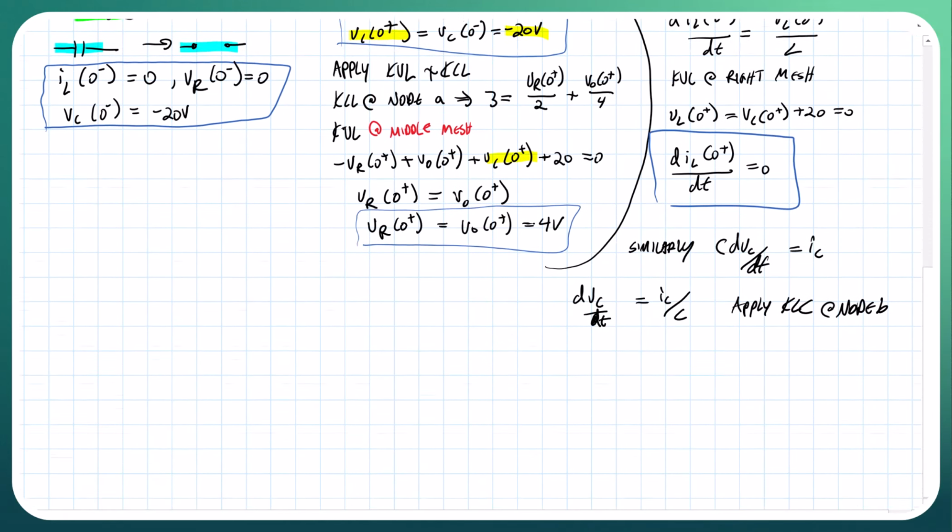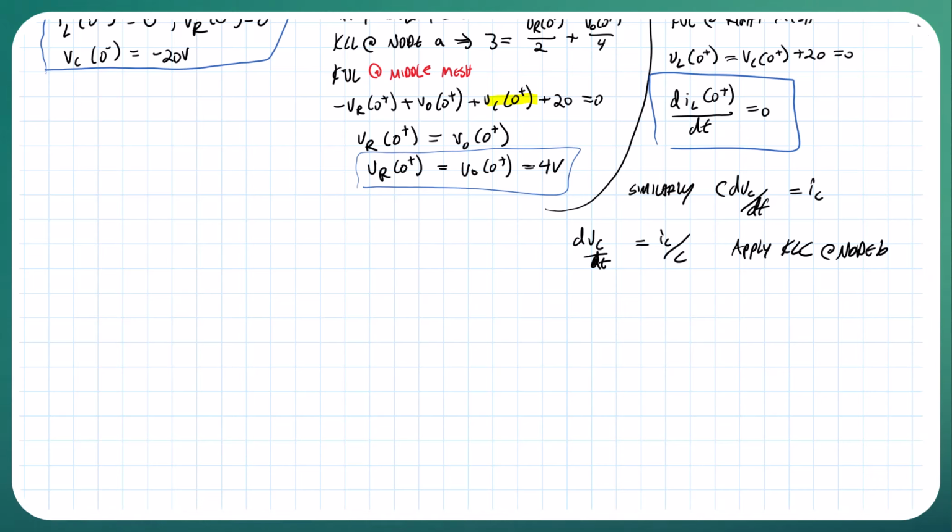So let's go back up here and rewrite this to get IC. That's going to give us V0 at 0 plus over the resistor value is equal to the current going out, which is IC plus IL.